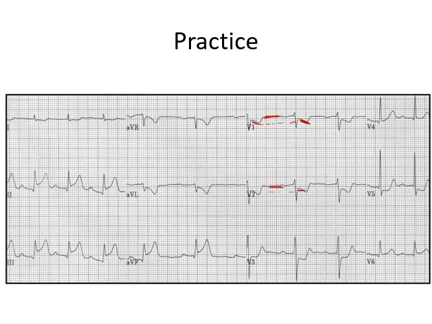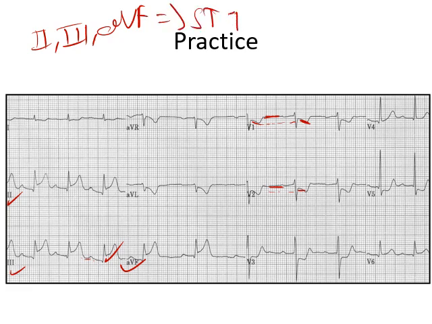Let's look at inferior leads. Lead 2, 3 and aVF are inferior leads. The ST segment here as compared to the TP segment is seen to be elevated. Yes, so there is ST segment elevation in 2, 3 and aVF, and there is ST segment depression in leads V1 and V2.